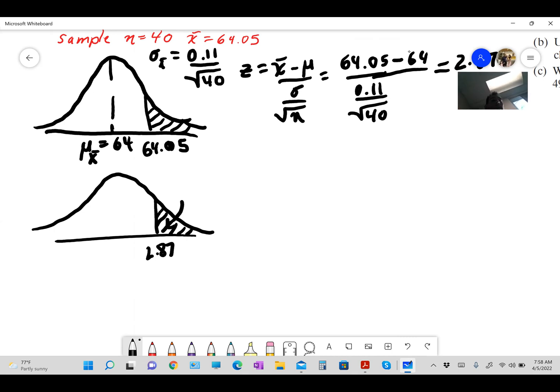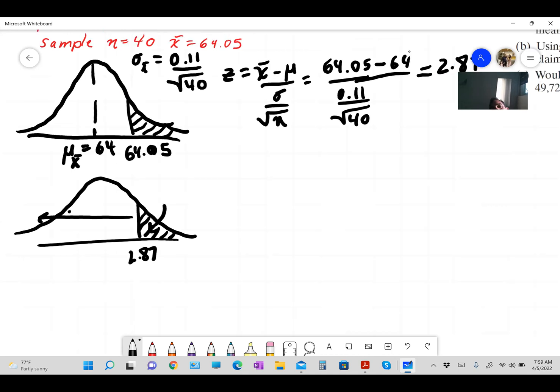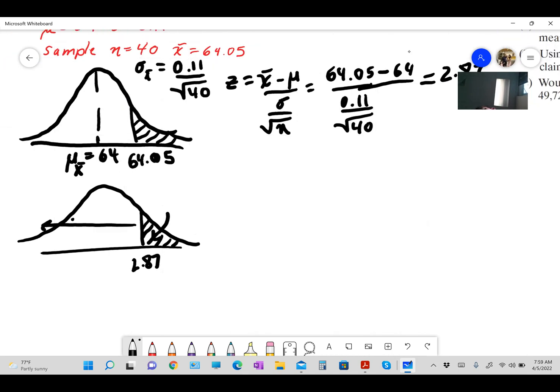So if we go to our table, 2.87 gives me 0.9979. So this area here to the left is 0.9979.